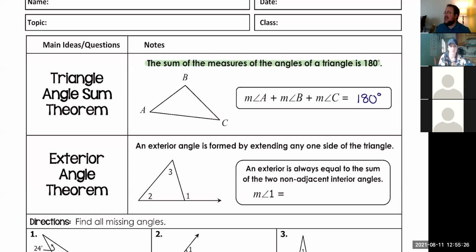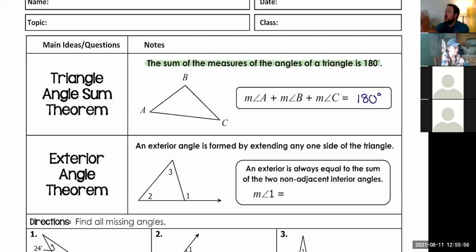Now, the second one actually relies on the triangle angle sum theorem in a manner of speaking. It's a little bit trickier to wrap your head around, but it is the exterior angle theorem. Now, an exterior angle is formed when you take one of the sides of the triangle, which is just a line segment, and continue going out past one of the vertices, one of the corners there, extending it out along that same line.